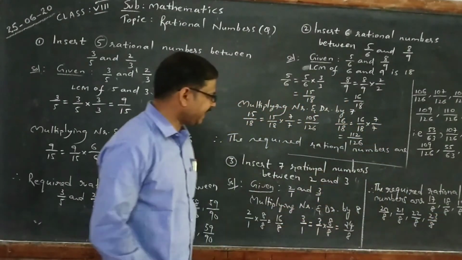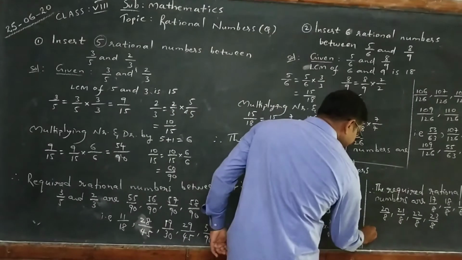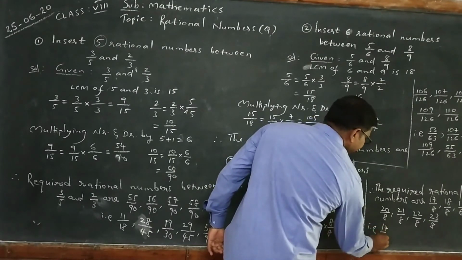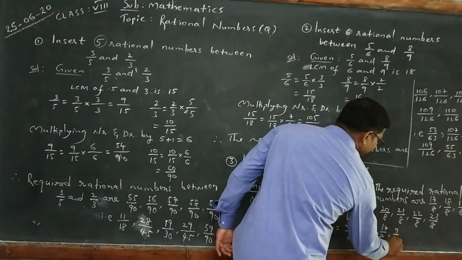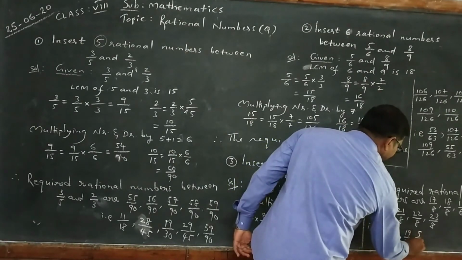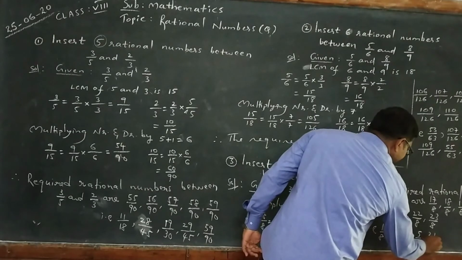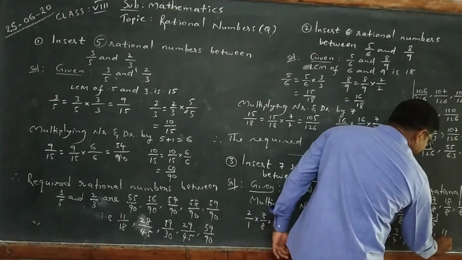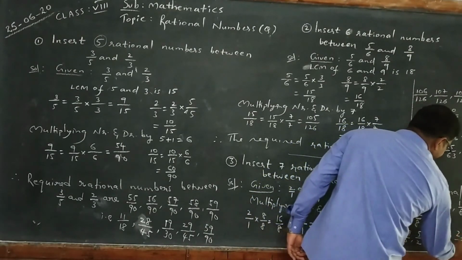Exactly we got 7, right? You can simplify this. That is 17 by 8, 18 by 8 is 9 by 4, 19 by 8, 20 by 8 is 5 by 2, 21 by 8, 22 by 8 is 11 by 4, 23 by 8.